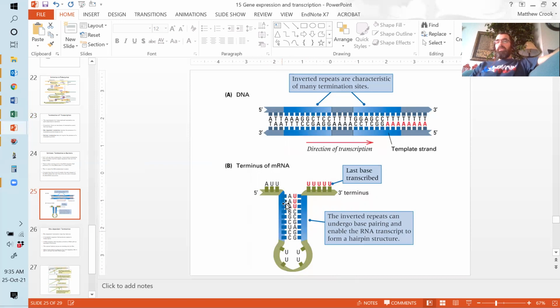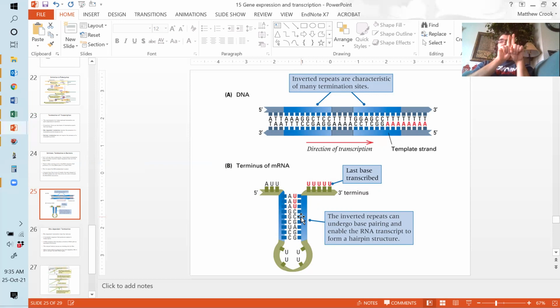It forms because it has 2 regions, a bit here and a bit here, that are inverted repeats. So when you make an RNA, you have 2 bits that match. And when you transcribe that RNA, those 2 bits can base pair and form a loop.